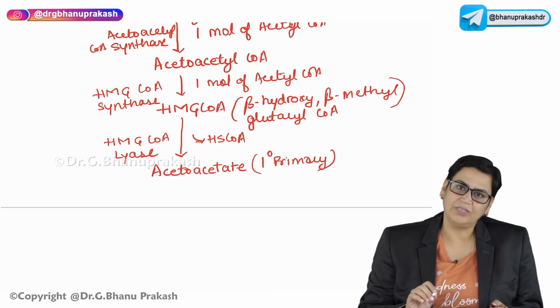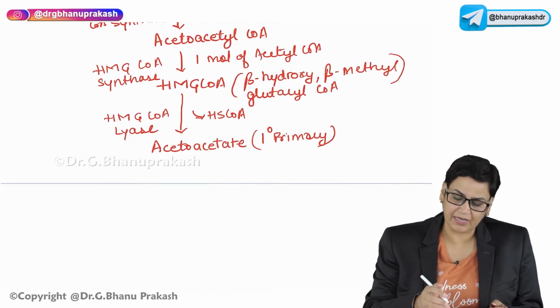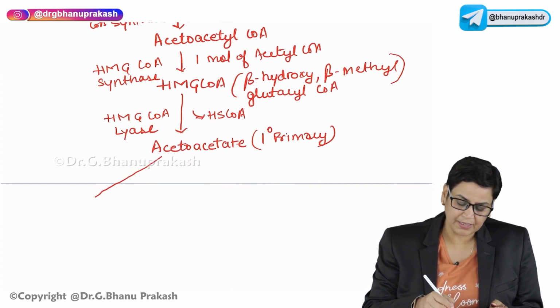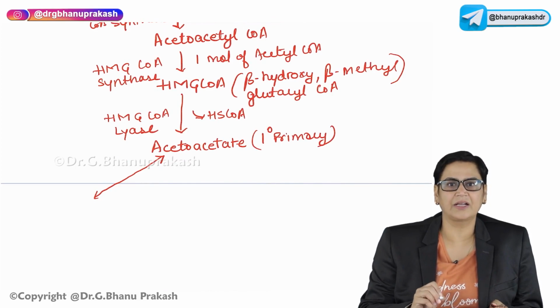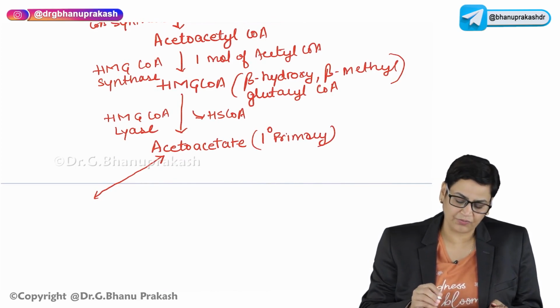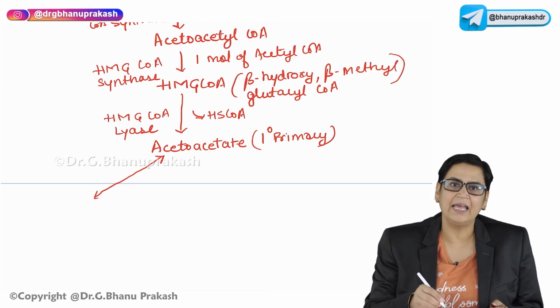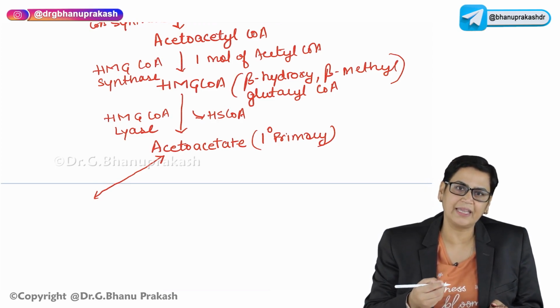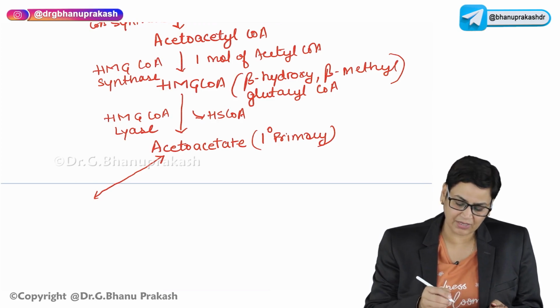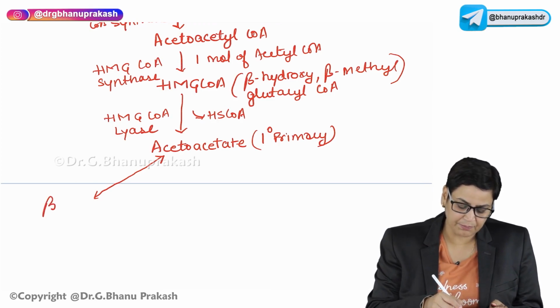Now this acetoacetate will undergo reduction in the presence of the enzyme, obviously dehydrogenase, forming the second ketone body, beta-hydroxybutyrate.